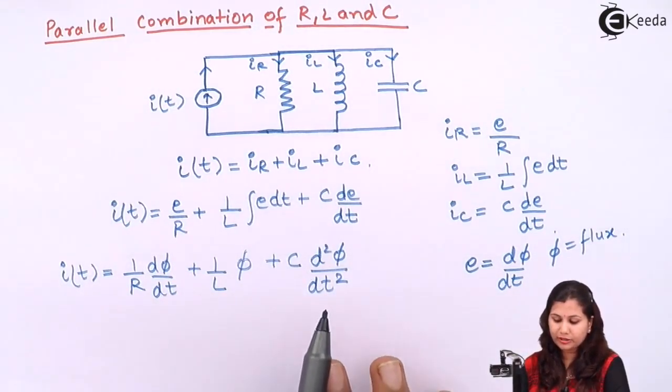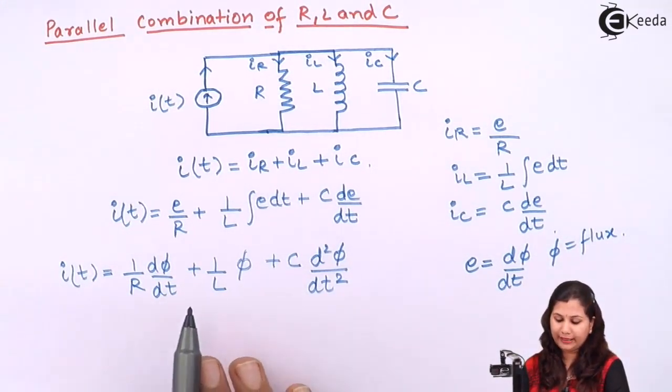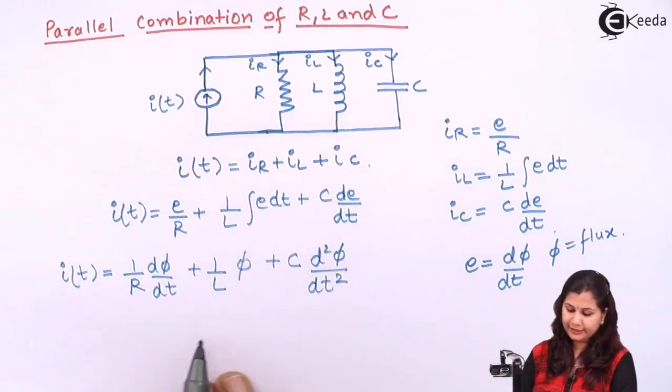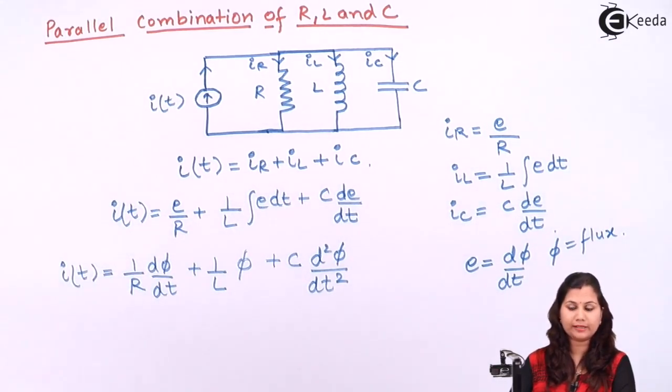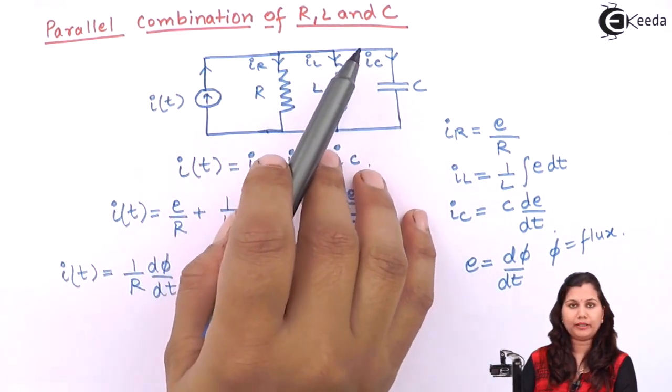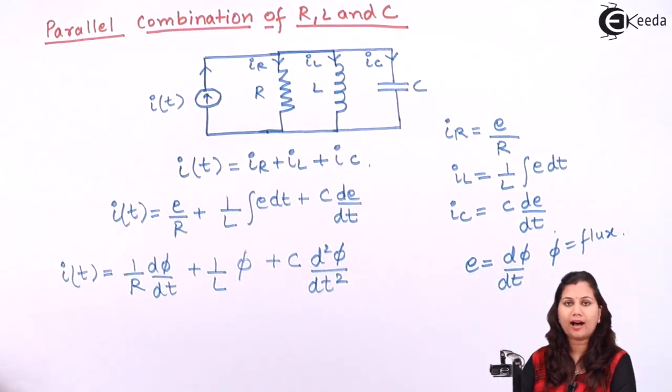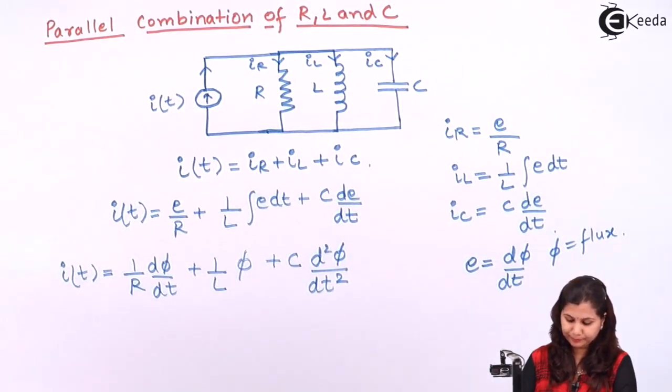So we have got the relationship between the current and the flux, and this is the mathematical model or mathematical representation of the electrical system having the parallel combination of the three elements R, L and C.